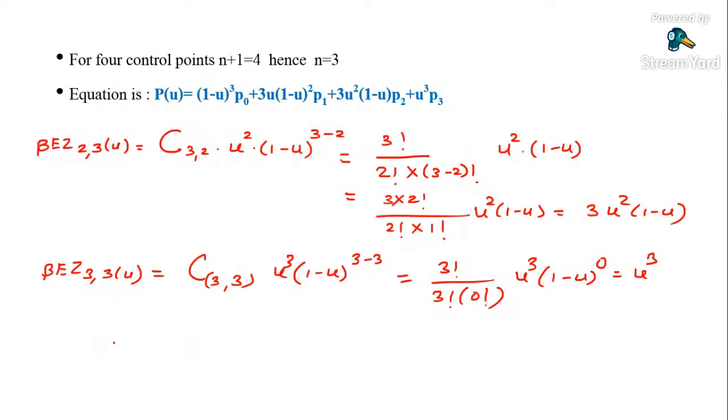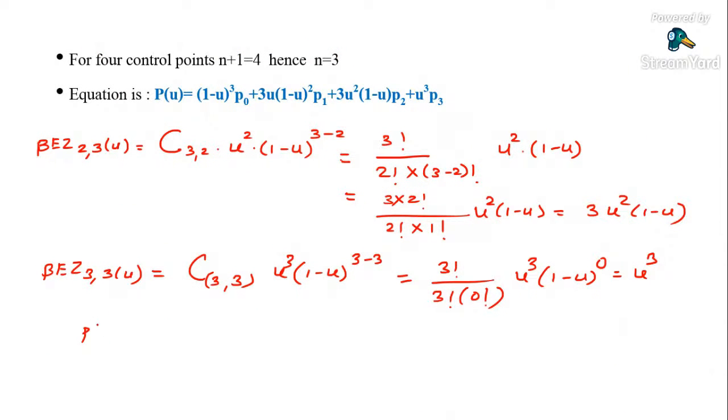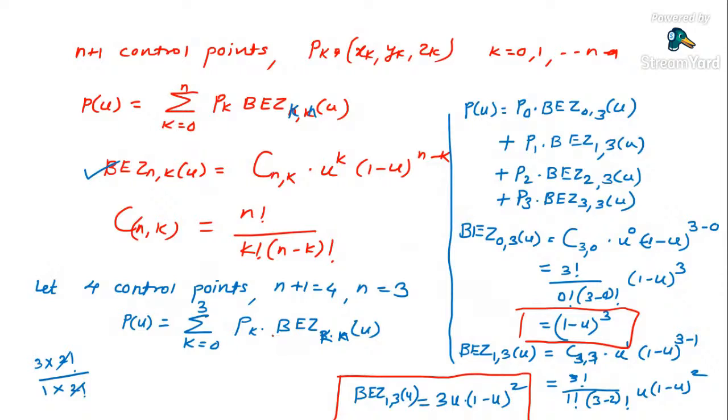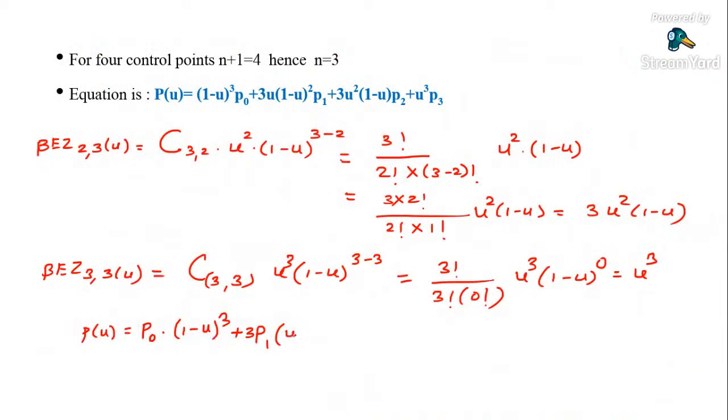Okay, so we'll combine all those terms and write the equation P of u like this. P of u is equal to P0 into the Bezier function, 1 minus u cube, plus P1 into 3u times 1 minus u square, plus 3 into P2 u square times 1 minus u, plus last it is P3 into u cube.